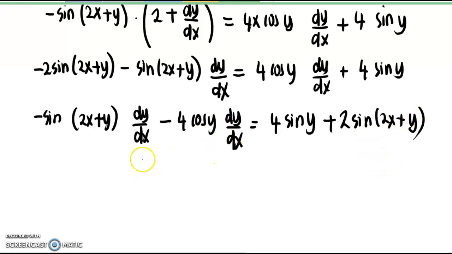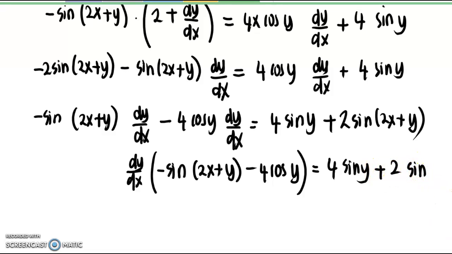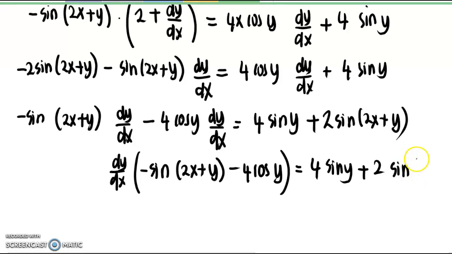Okay, take out dy dx, dy over dx, negative sin(2x plus y) minus 4 cos y, equals to 4 sin y plus 2 sin(2x plus y).